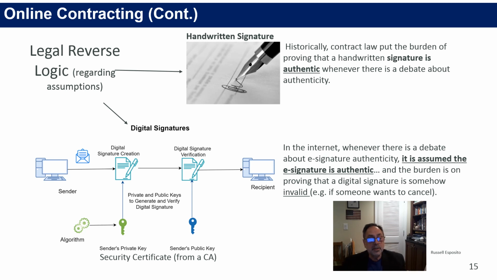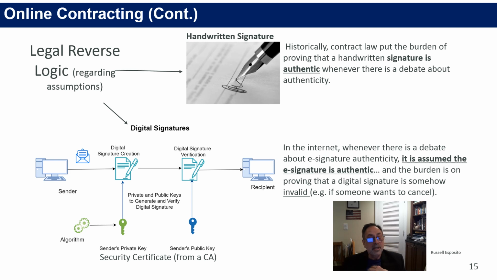So if I'm sending you a contract, I use my private key from my security certificate, and I encrypt. And all this happens under the covers. You don't see this happening, but all the right protocols and the website are kicking these algorithms off. So there's an algorithm to do encryption. It's using a private key to do the encryption. Nobody has the private key but me, because it's my website. It's my account on Adobe or DocuSign.